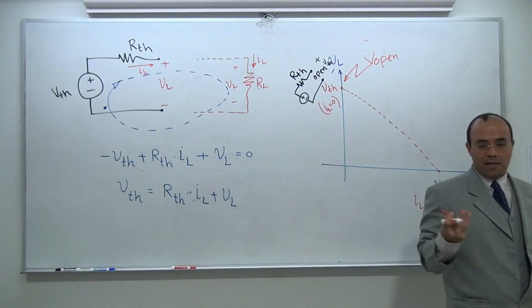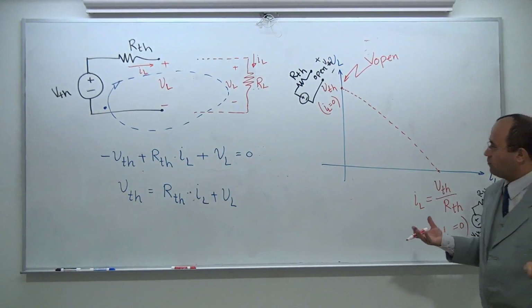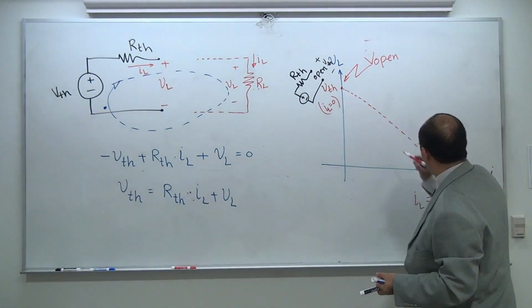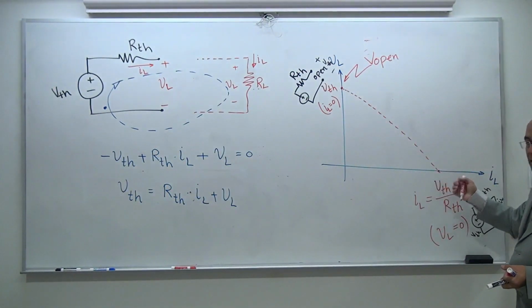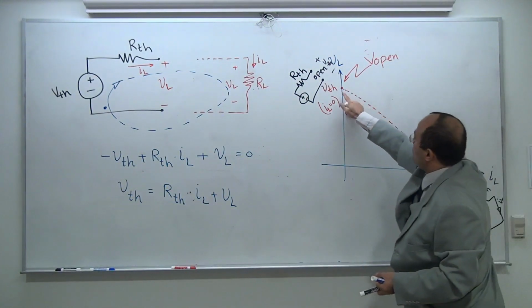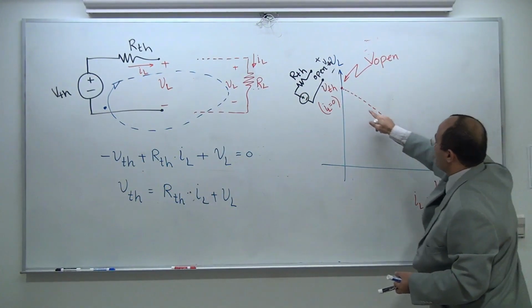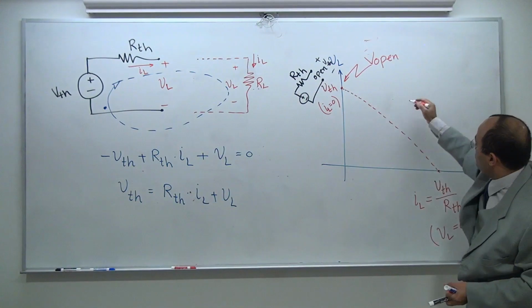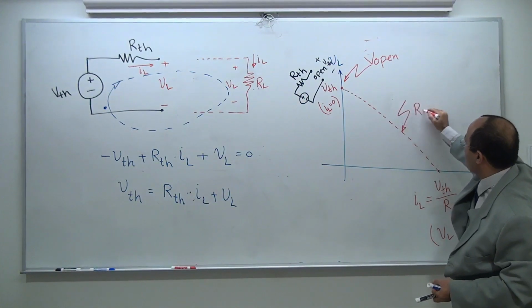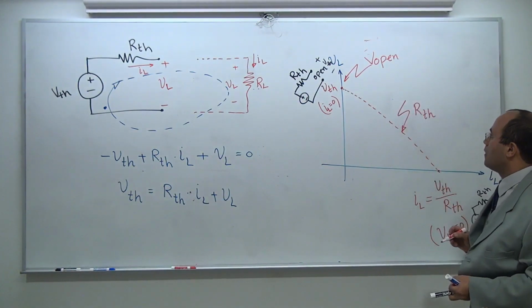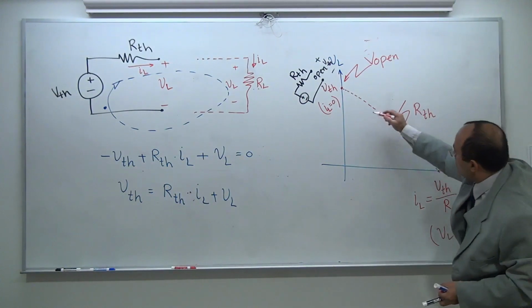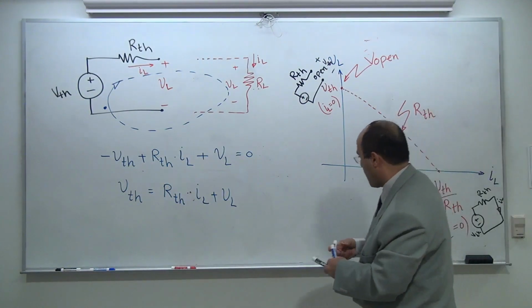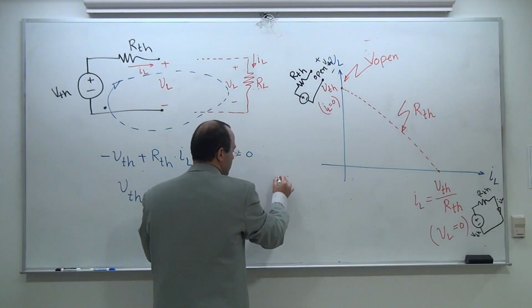This line can be identified in 3 different ways. Either you have this point and this point, that's one way. You have this point and the slope of the line. The slope of the line is going to be Thevenin. Or you have this point and the slope of the line. So the 3 techniques I can identify this are as follows.